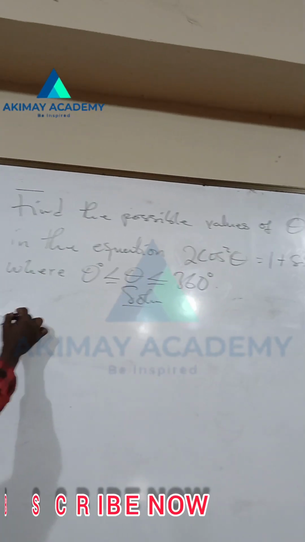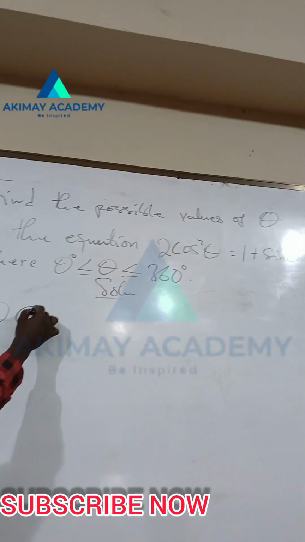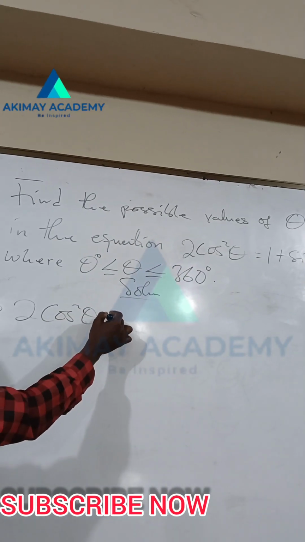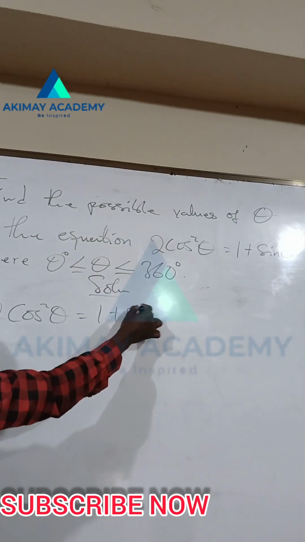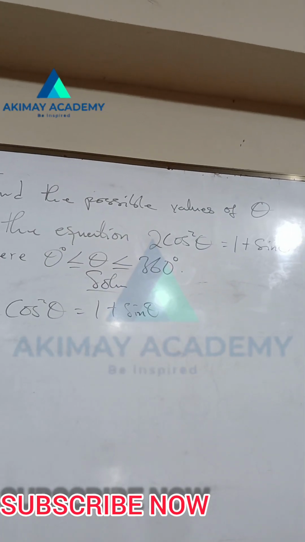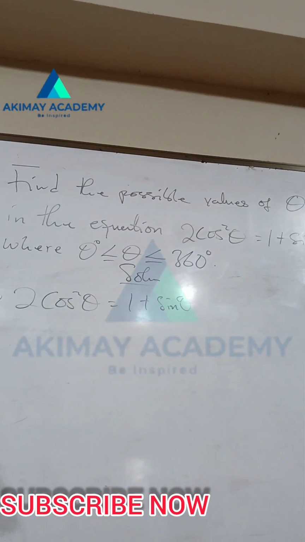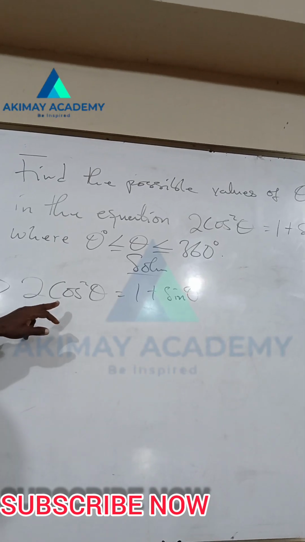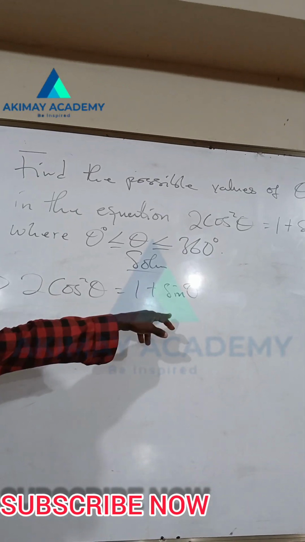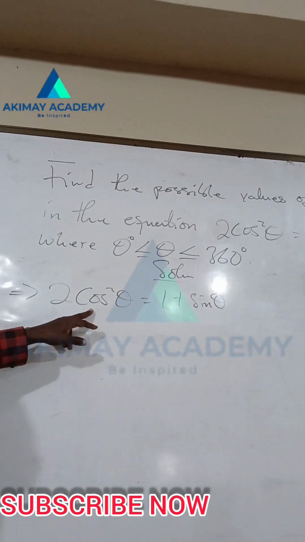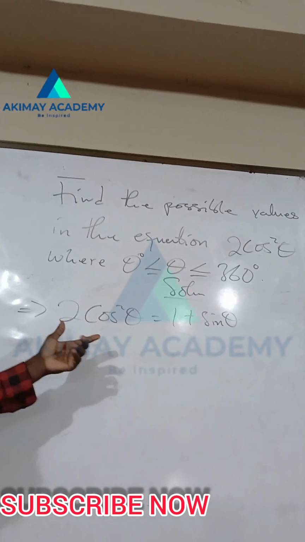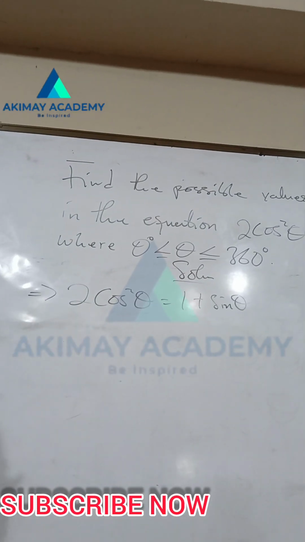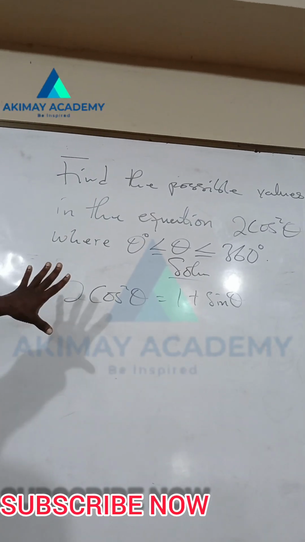So here we have our equation: 2 cos squared theta equals 1 plus sine theta. Now, you can see that the ratios are different. Here is cos, here is sine. In a situation like this, you can't solve it in this manner.